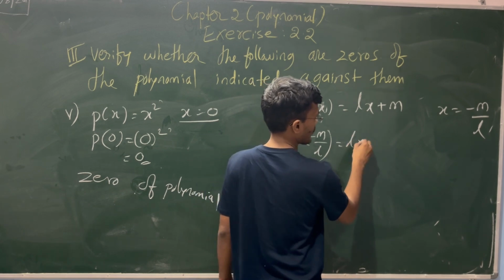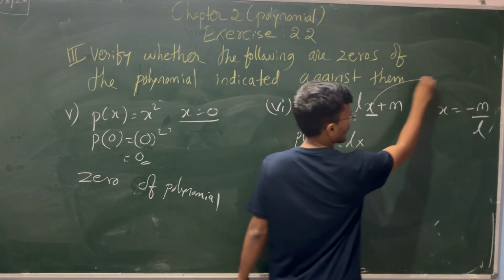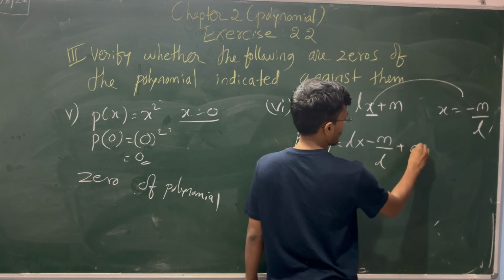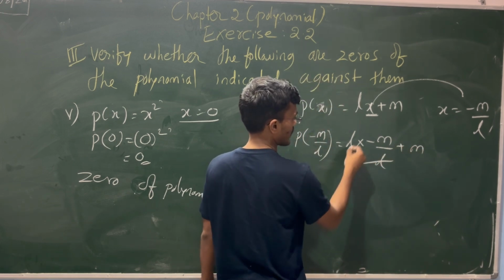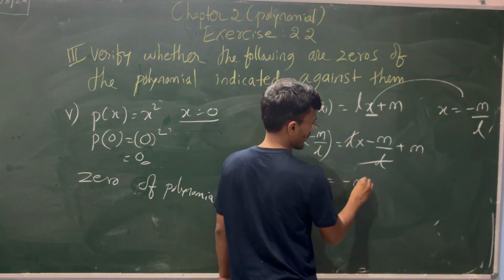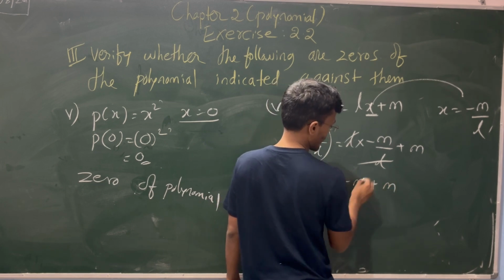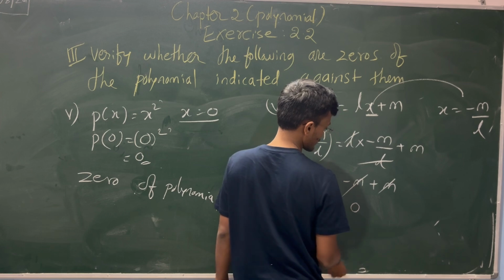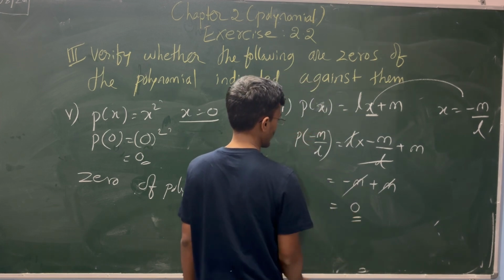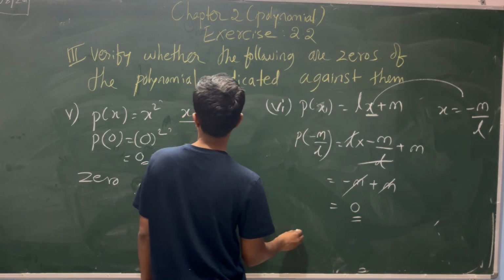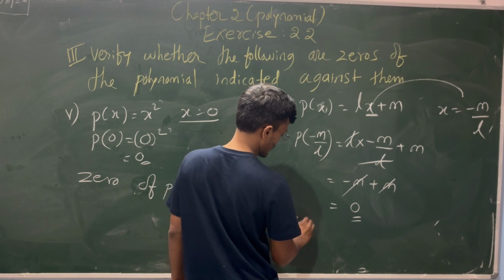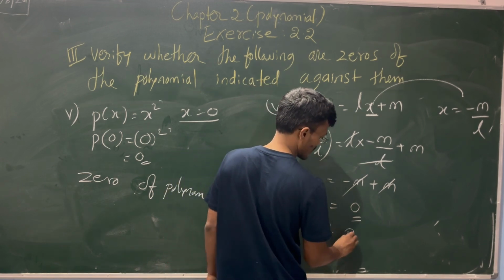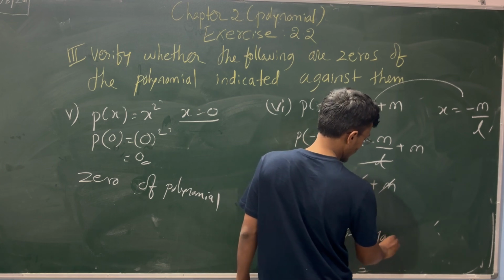So l into x means minus m by l plus m. So l cancels. Minus m plus m cancels. The answer is 0. So now this is also a zero of the polynomial.